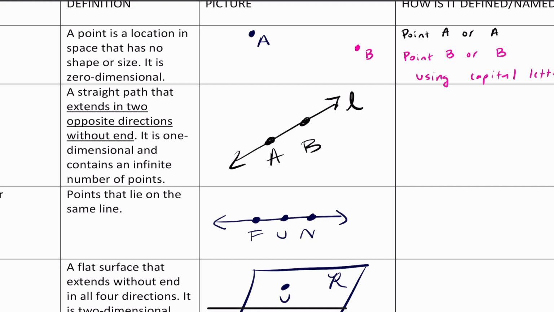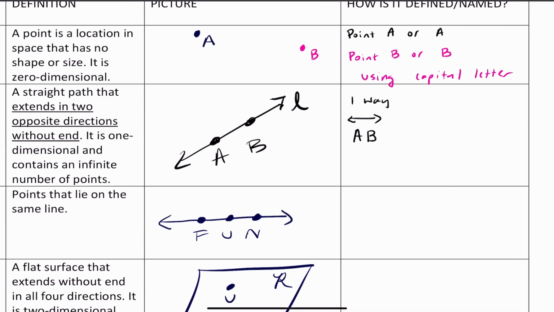To name this line, all you have to do is take 2 points and then put a line above it. So I have a point here and a point here. I will call that A, B, and then I'm going to put a line above it. So you tell the reader, hey, this is line AB. Right? This is one way to name it. The other way that you can name this line is, notice that I have this lowercase cursive letter.